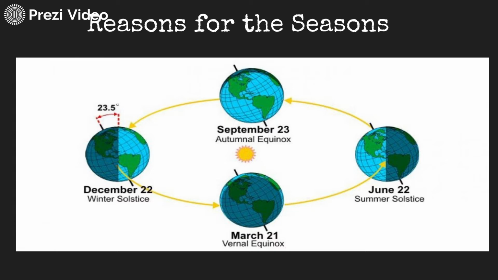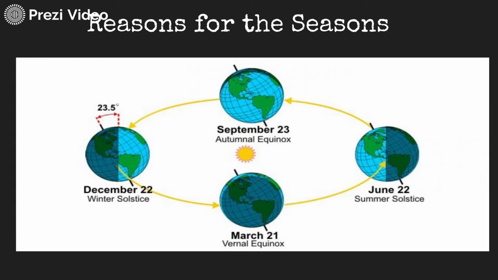So there's about 12 hours of sunlight and then 12 hours of darkness. Equinox is another word for half time. During the fall, we get an equal amount, and you can see below that the vernal equinox.